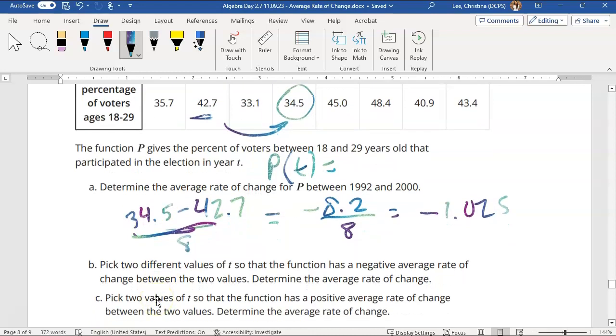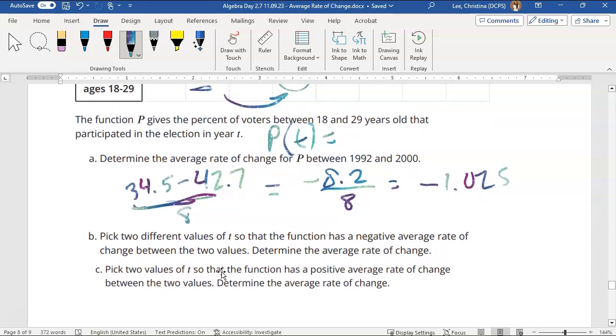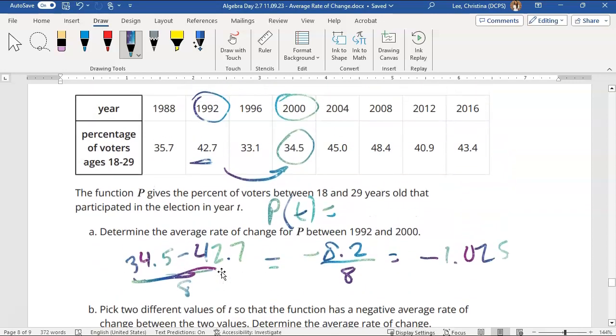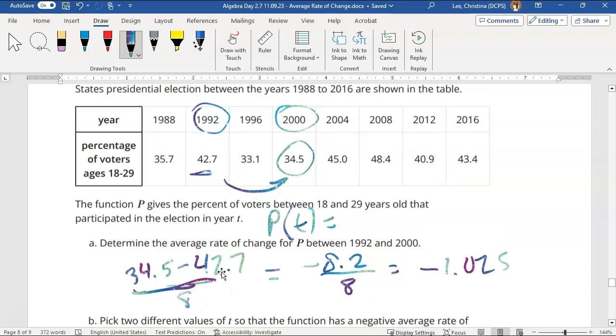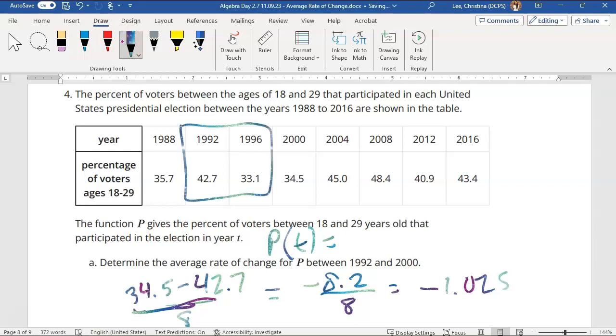It says pick 2 different values of t so that the function has a negative average rate of change between the 2 values. Determine the average rate of change, and then pick 2 values of t so the function has a positive average rate of change, and then calculate that. All right, so let's look. We already have one example of a negative one. Another negative example is this one right here.